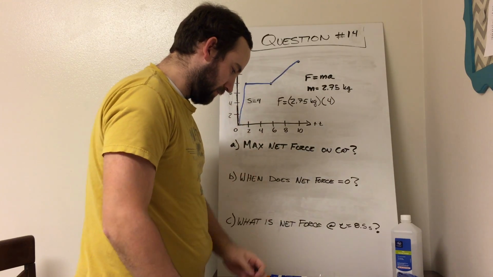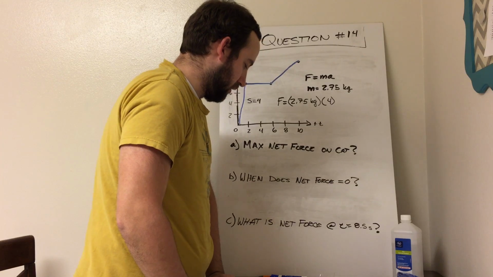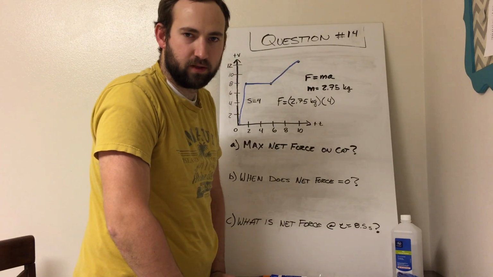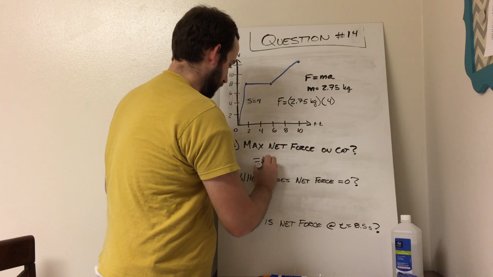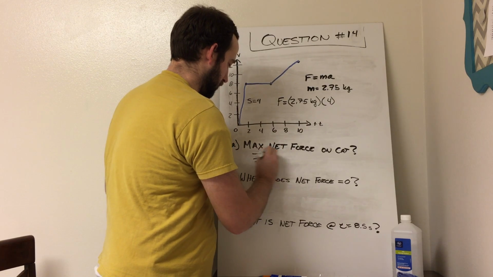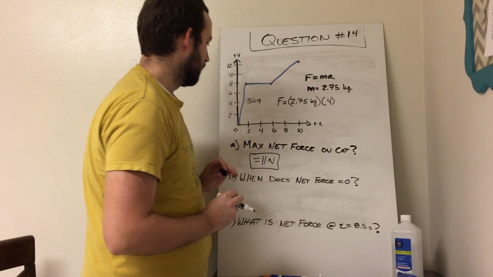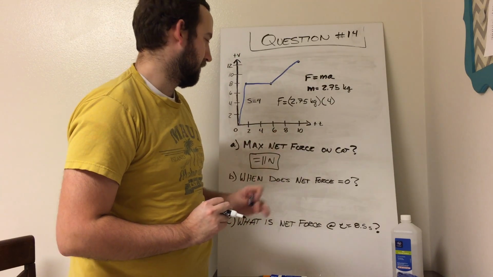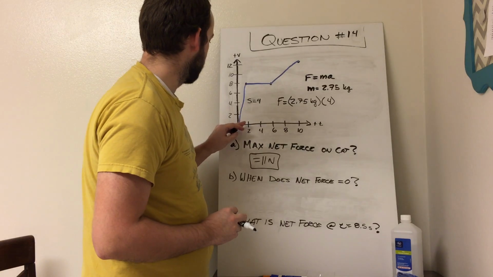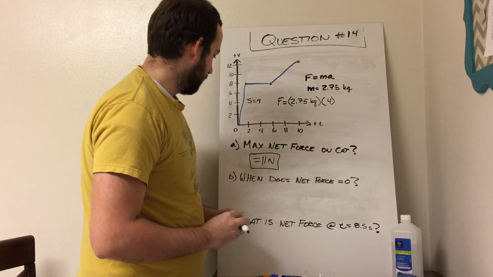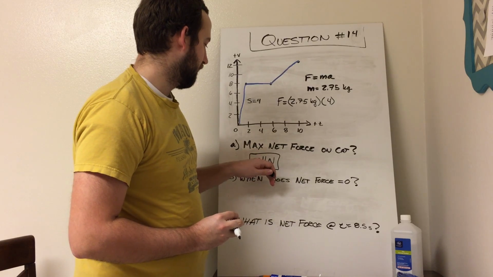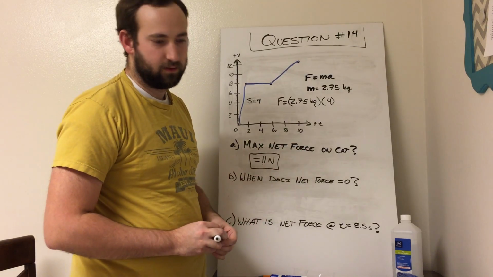When we do that out, we get the maximum net force to equal 11 newtons. And remember that maximum net force is happening from time equals 0 to time equals 2 seconds. So that's it for part A. We found the maximum net force on the cat.